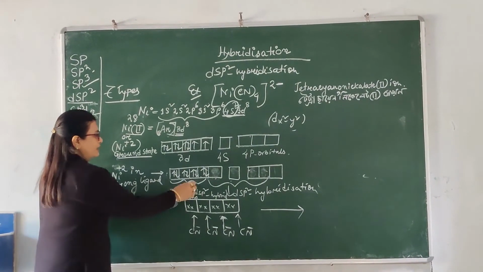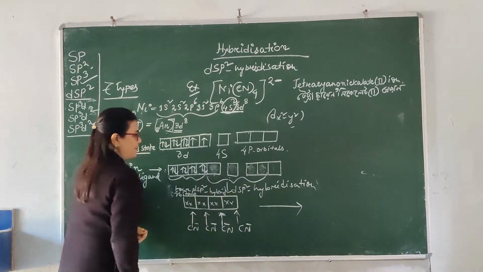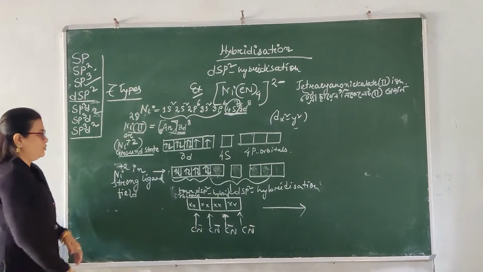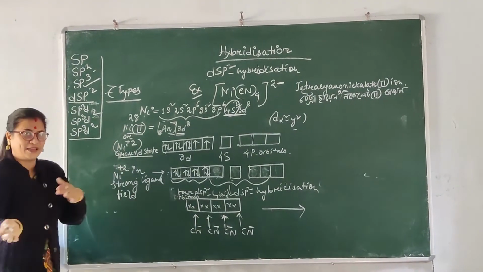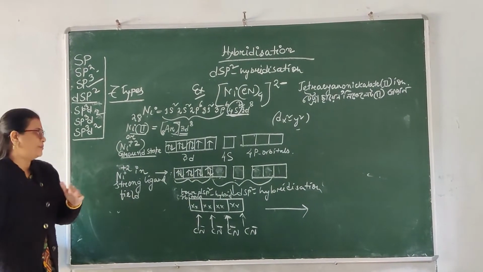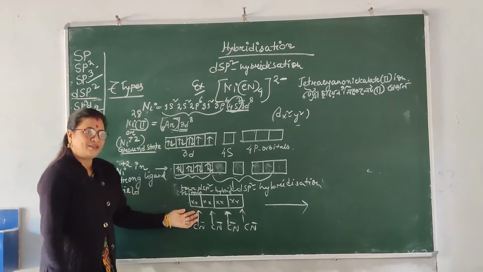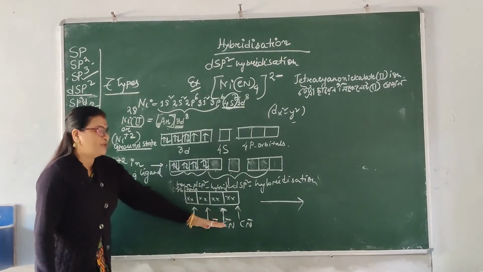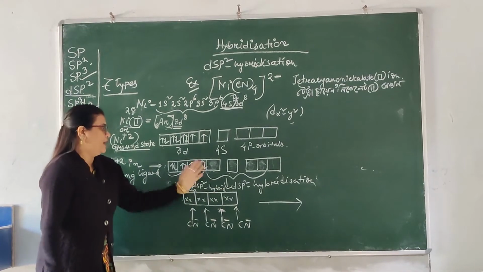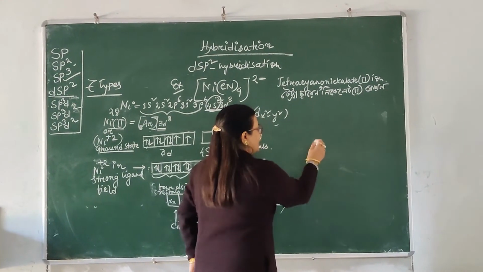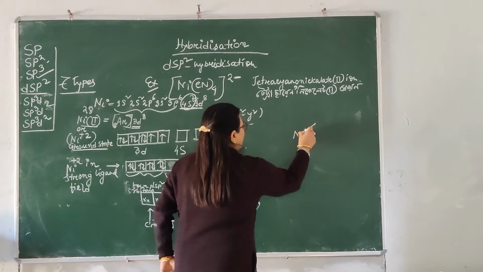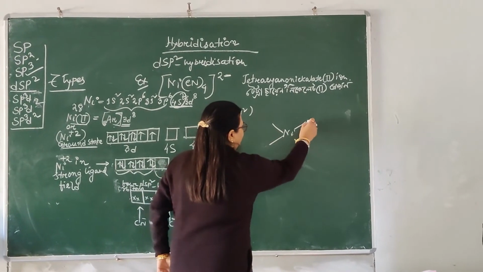Now the dsp2 hybridization will take place, in which the 4 dsp2 hybrid orbitals will be vacant, which will be filled up by the electron pairs donated by the 4 cyano ligands. The resulting structure of the tetracyanonickelate(II) ion will be square planar like this.